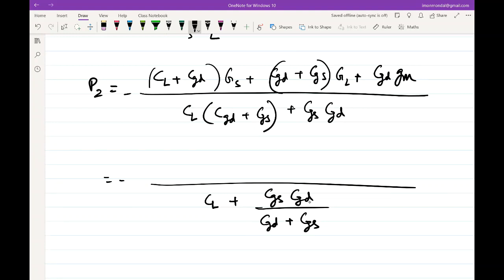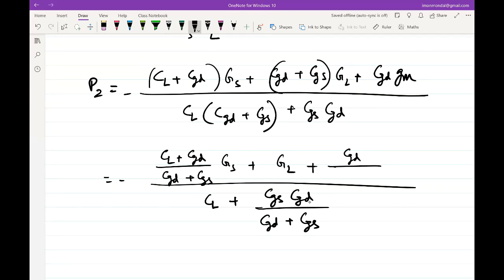In the numerator, what we get? Okay, fine.